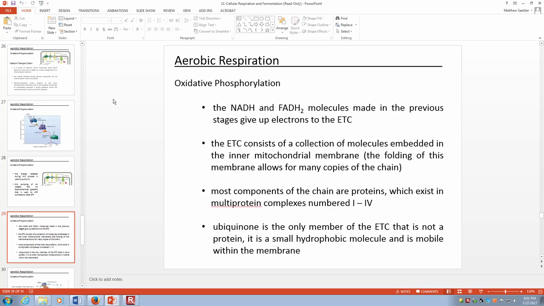So what we're going to see is that NADH is going to pass its electrons initially to the NADH dehydrogenase complex. And we said that this complex pumps hydrogen ions into the intermembrane space.